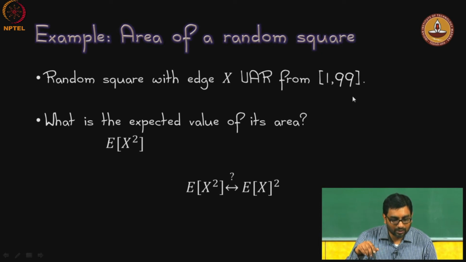A question that we can ask is, what is the expected value of its area? You take x squared, and you ask what is the expectation of x squared. And one question that should come to mind is, is E of x squared the same as E of x the whole squared? In this context, we are going to see how these two relate to each other.